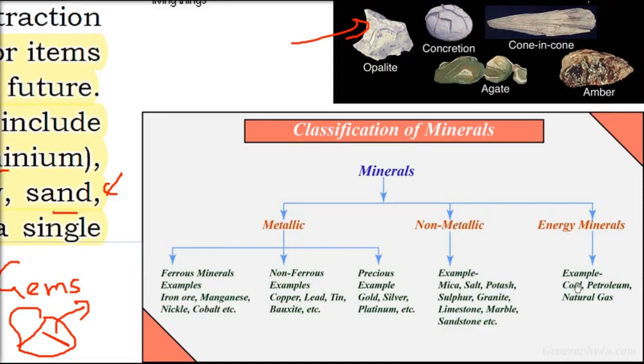In energy minerals, we have coal, petroleum, natural gas; when they are burned, through combustion, we get good energy from them. So metallic, I told you, ferrous means iron containing, non-iron containing are non-ferrous, and they are precious. For example, gold, silver, platinum, and this also defines one part of the economy.